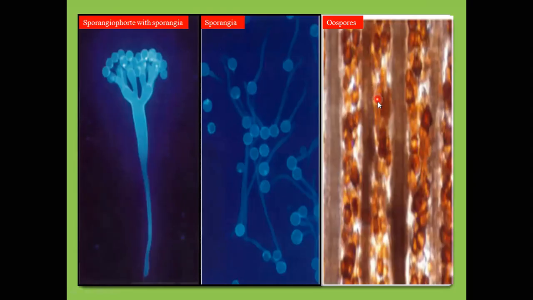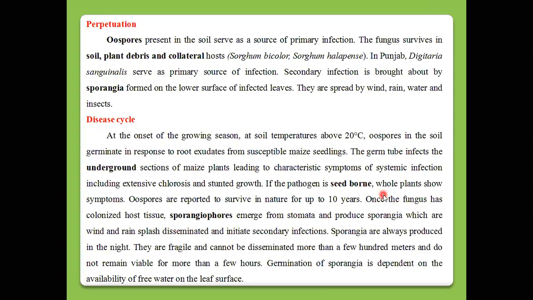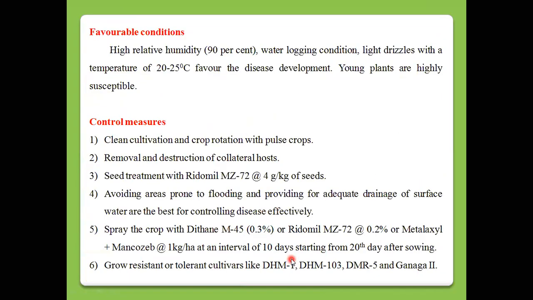So these are the oospores. An oospore is a sexual spore, and oospores are present in soil for more than 8 years without a host. Okay, so this is the perpetuation and disease cycle of Sclerospora.